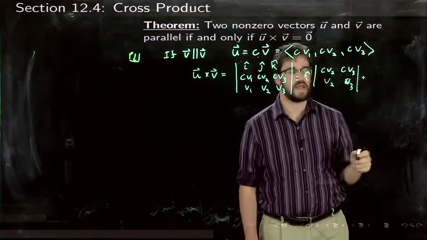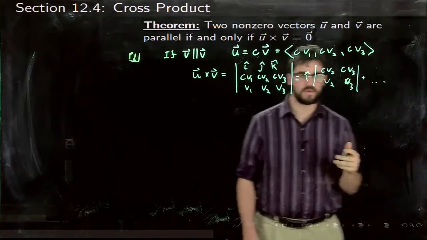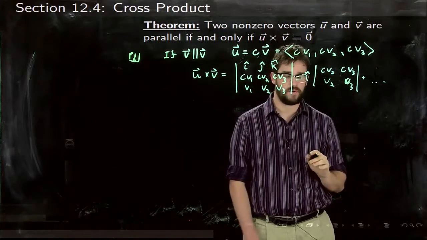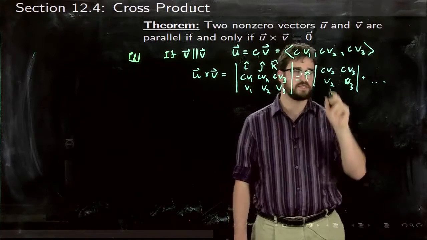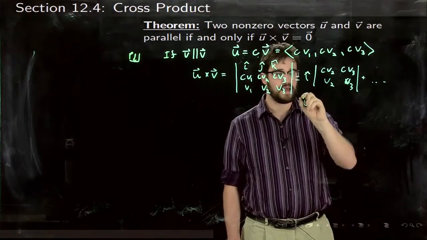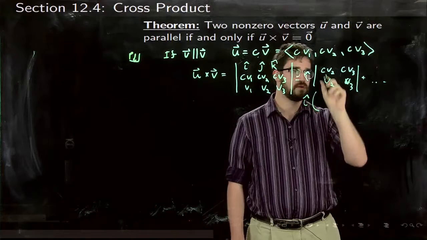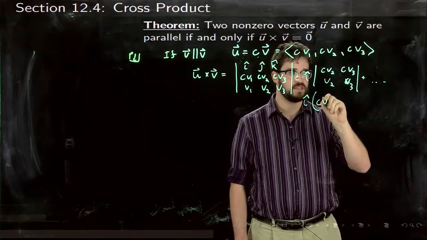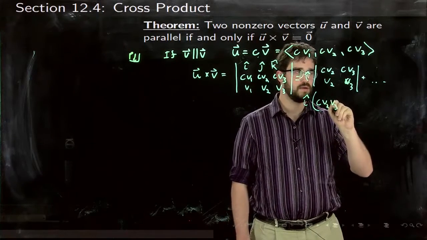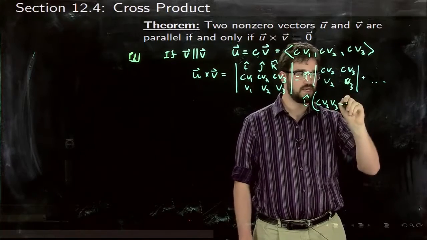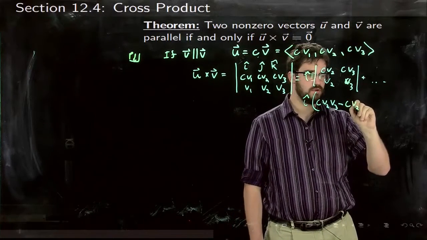plus, and now we could do the same thing, but let's just look at this one right now. What happens when we calculate this determinant? We get i hat times c v2 v3 minus c v2 v3.